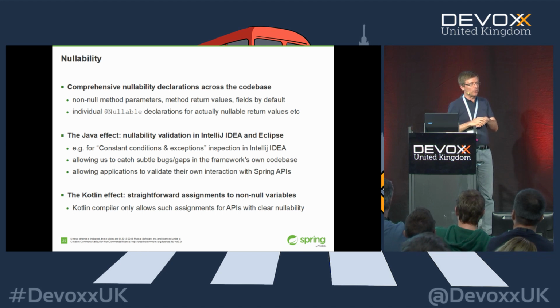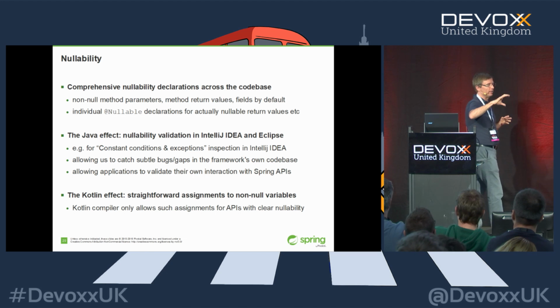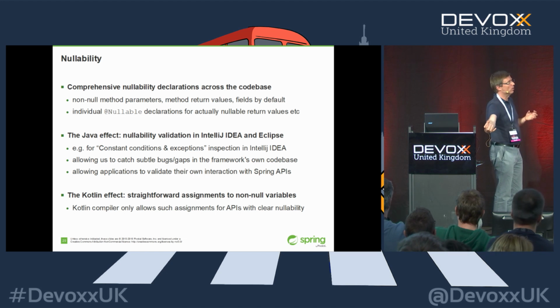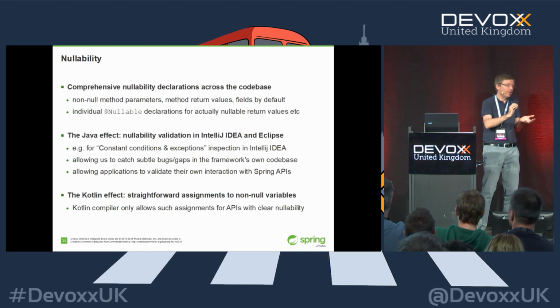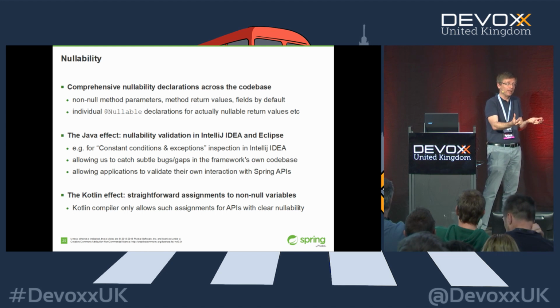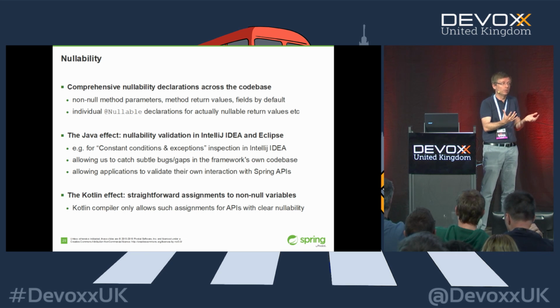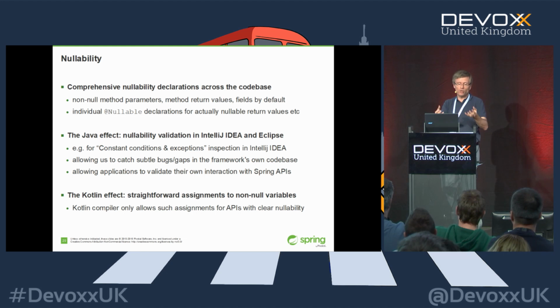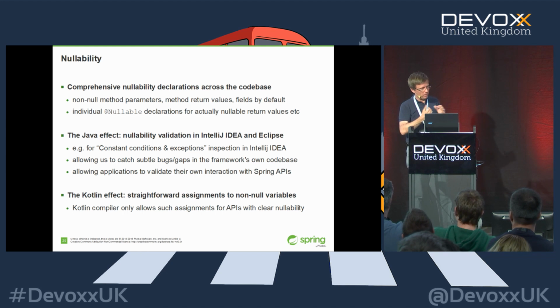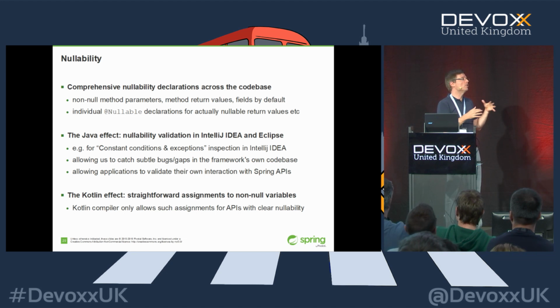Only because of those, the Kotlin compiler will let you assign the outcome of a Spring Framework API call to a non-null declaration in Kotlin. Because if it interacts with an API where it's unclear whether it can be null, it has to defensively assume it can be null, right? So only if there's a strict formal indication through a non-null API by default convention, only then the Kotlin compiler lets you do it idiomatically.